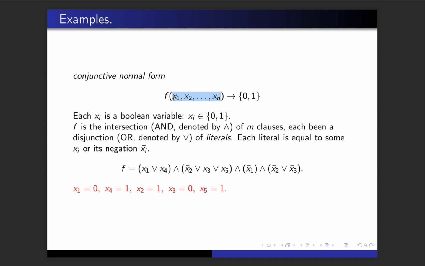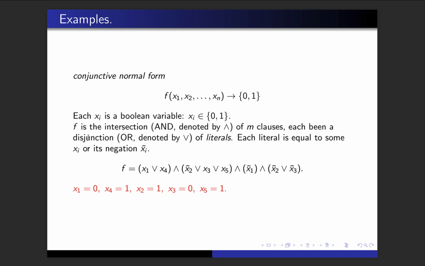What is conjunctive normal form? Well, my formula F is written as the intersection, for which we logically use the symbol AND, which we denote with this triangle without a base if you want. And this intersection is happening between m clauses. What are these clauses? Each of those is a disjunction of literals made out of the variables.